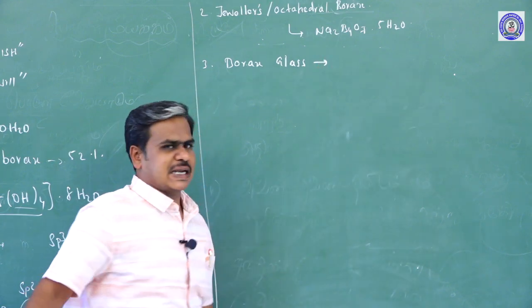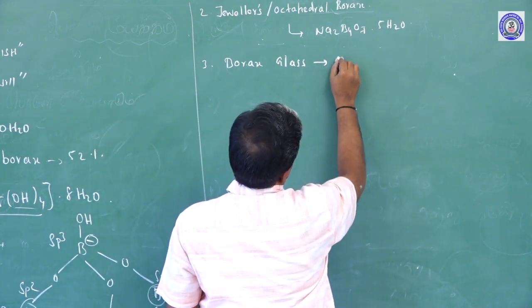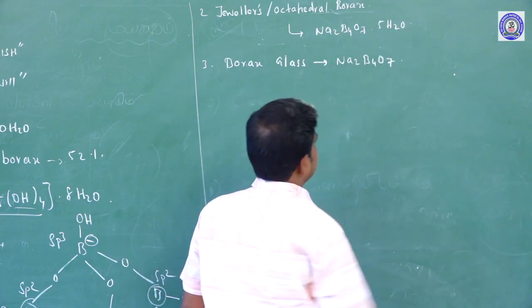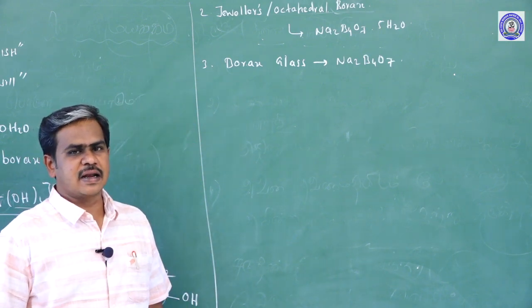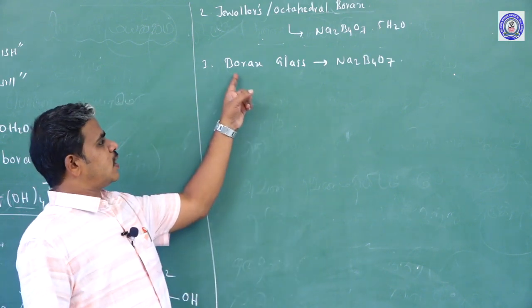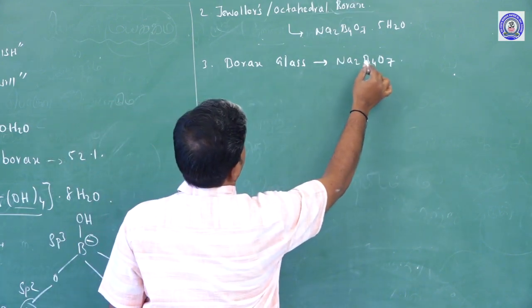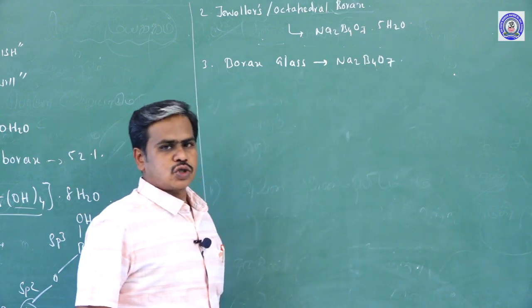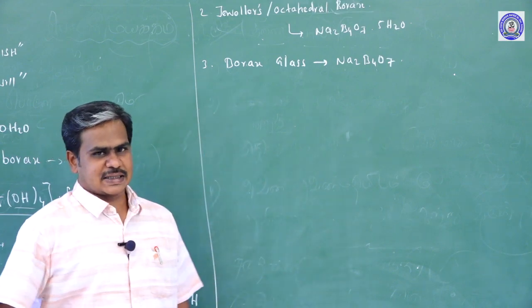What is the borax glass formula? It is Na2B4O7, anhydrous borax, which is known as borax glass, or sodium tetraborate.